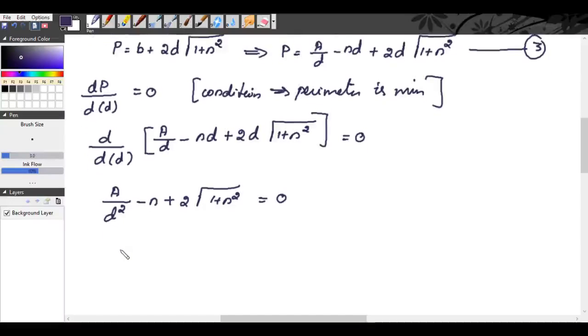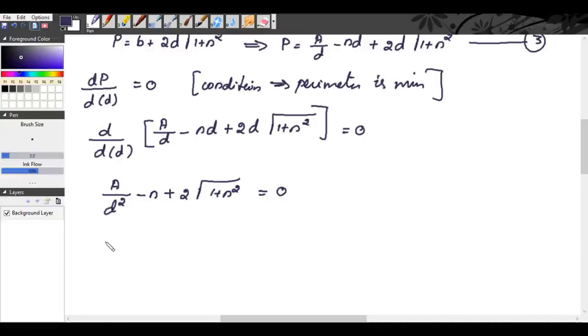So what we get is minus A by D square minus n plus 2 into square root of 1 plus n square is equal to 0.